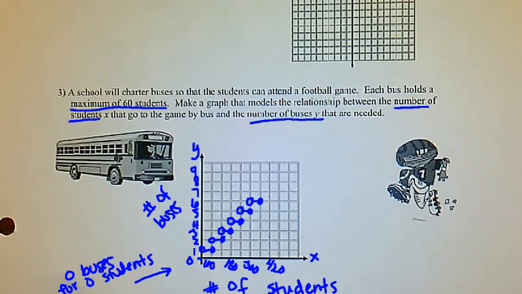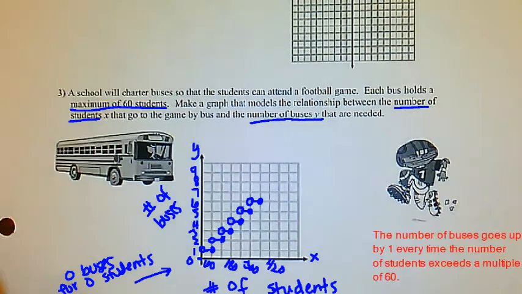All right, and you get the gist. So basically all that happens is the number of buses goes up by 1 every time the number of students exceeds a multiple of 60.